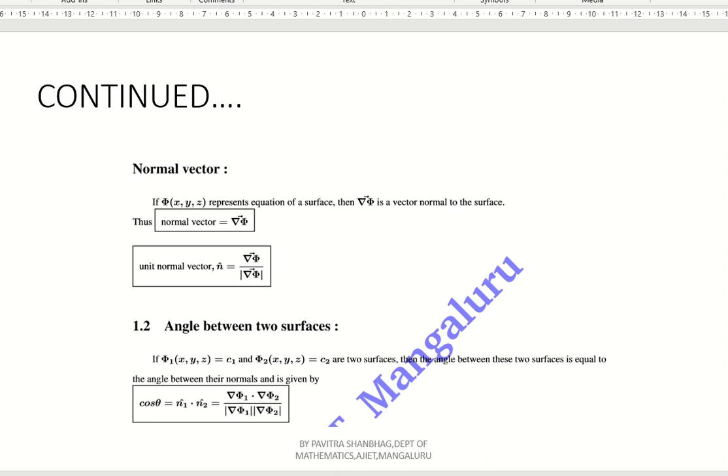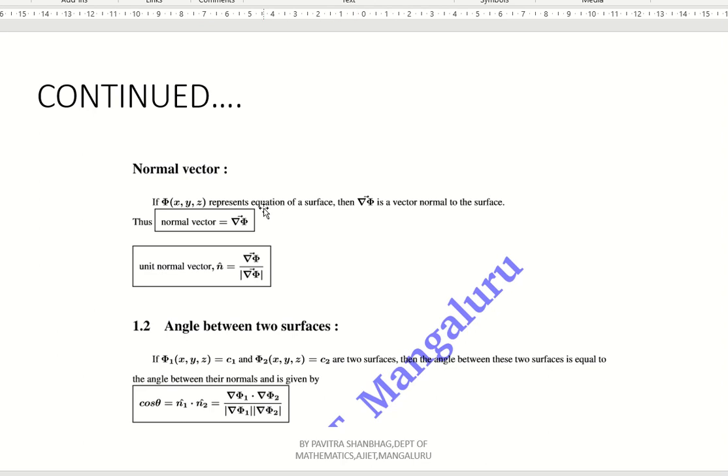Now again, let us discuss some more important definitions that we are going to apply for solving the problems. What is meant by normal vector? Suppose phi of x y z represents the equation of a surface, or it is a scalar function. Then how to write the normal vector?